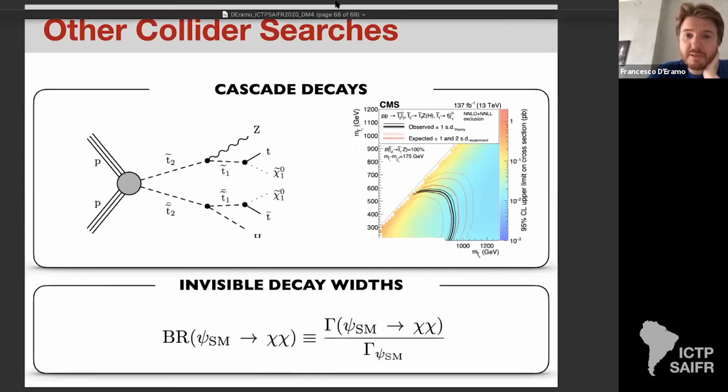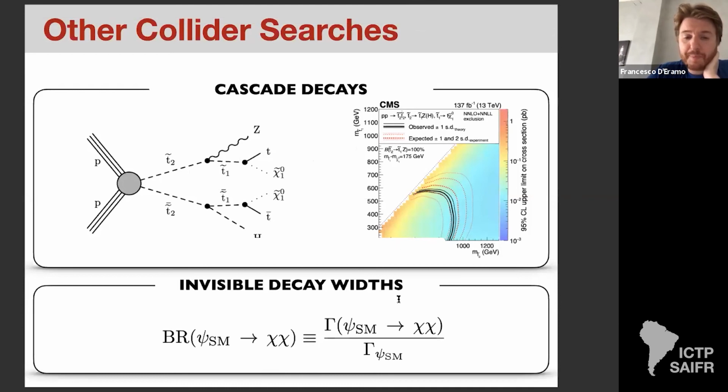The last thing I want to say is that there is a way to test invisible particles at the collider by studying very precisely the decay width of standard model particles. The most famous cases are the Z boson and the Higgs boson. If the decay of this standard model particle to two dark matter particles is kinematically allowed, let's take the example of the Z boson.